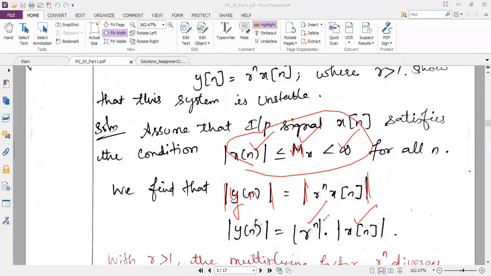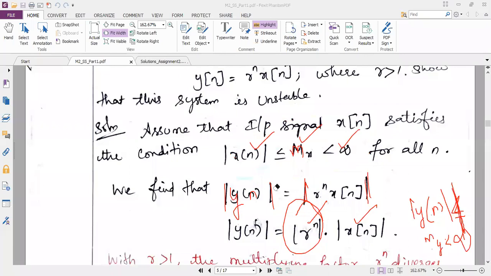When you split the magnitude, because of the term magnitude of r power n, the magnitude of y of n cannot satisfy the condition. Cannot means you write less than or equal to with a strikeout line, less than infinity. So you can conclude that your system for this problem is unstable.